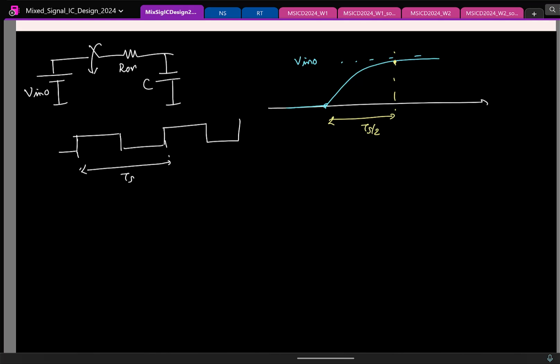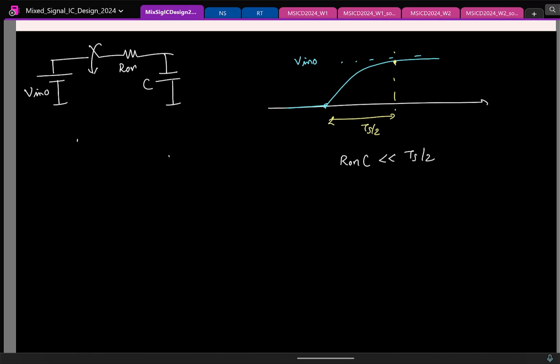It will be slightly off. So to reduce this error, how should you choose my time constant? Much less than the time for which the switch is on. This is what you do. So this is what will happen if you have a constant or a held signal.